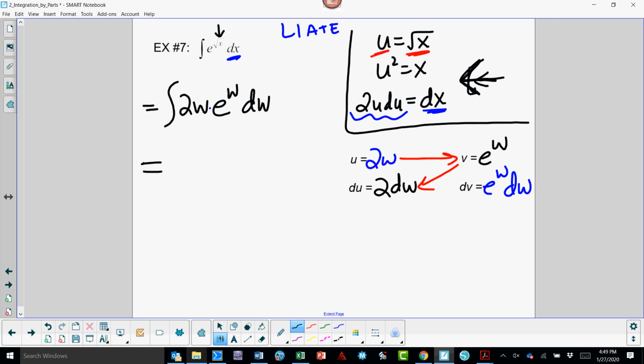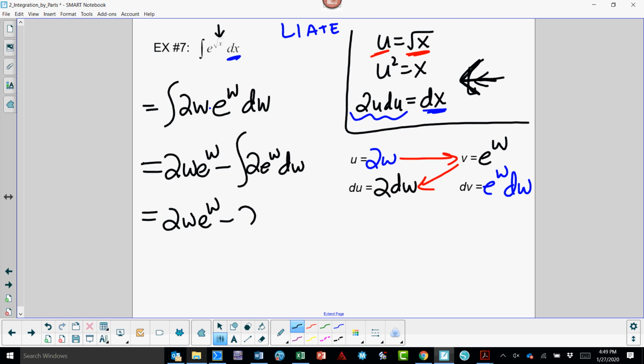So this is going to equal uv is going to be 2w e to the w minus integral of 2e to the w dw. So this is 2w e to the w, and this is minus 2e to the w, because when you integrate it, you just get the same thing, plus c.